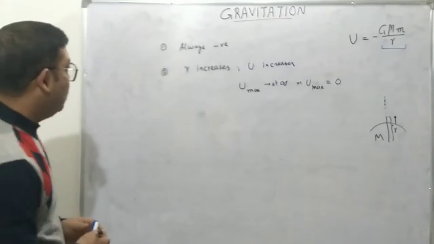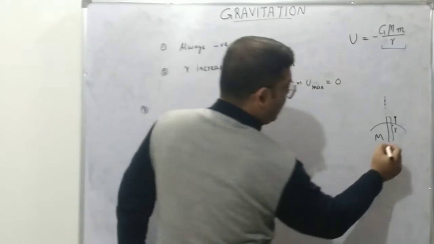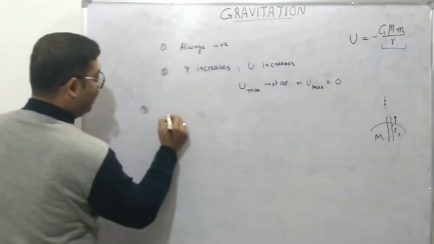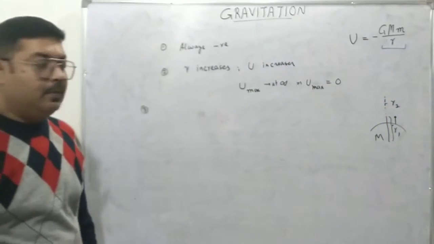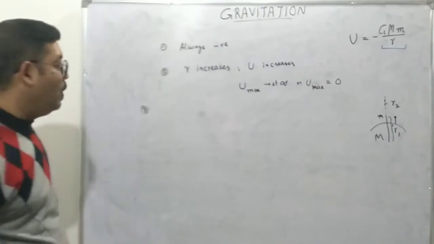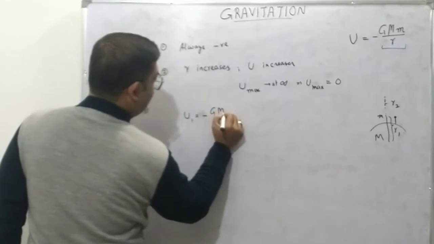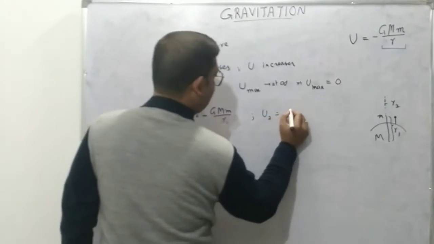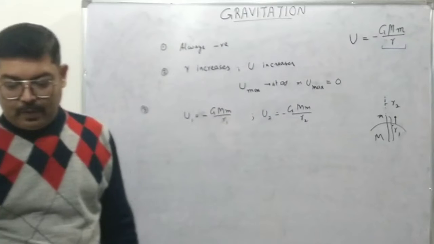Okay. Now, in such a case, if we say initially the mass was at r1 and then we took it to some other point, say r2, the small mass m. If small mass m was at r1 and then we took it to r2, initially the gravitational potential energy was minus GMm by r1, and the final potential energy will be minus GMm by r2, right?